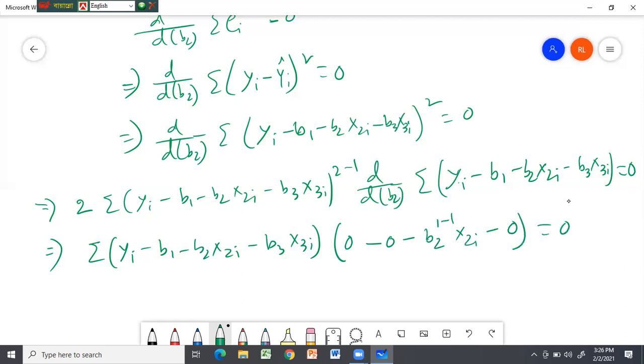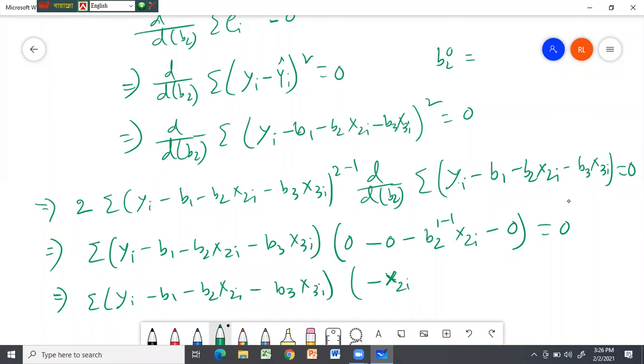So what actually you have here is yi minus b1 minus b2 x2i minus b3 x3i into minus x2i, because b to the power 1 minus 1 has become b to the power 0. And b to the power 0 is equal to 1. So 1 has been multiplied with minus x2i. So it remains with minus x2i.